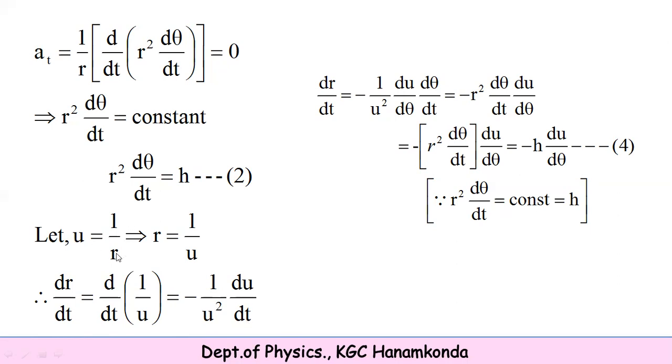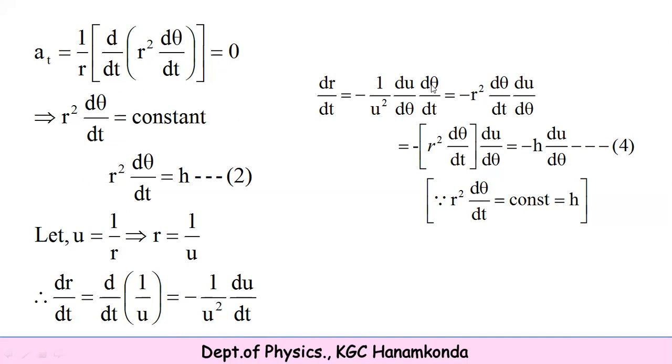Taking u equals 1 by r, that implies r equals 1 by u. Differentiating with respect to time, dr by dt equals d by dt of 1 by u, which equals minus 1 by u square into du by dt. Here I am just using a mathematical trick. Dr by dt equals minus 1 by u square into du, divided by d theta and multiplied by d theta.